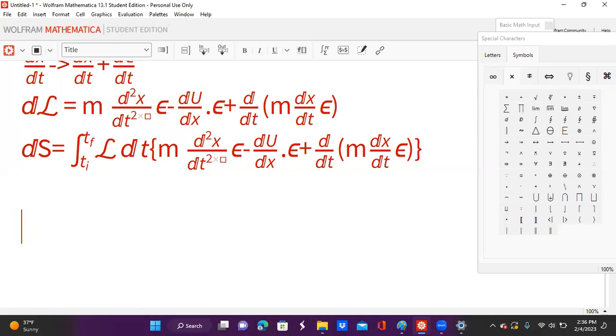Phi is always going to return a number. Has the same action, kinetic and potential. The difference is the Lagrangian density.